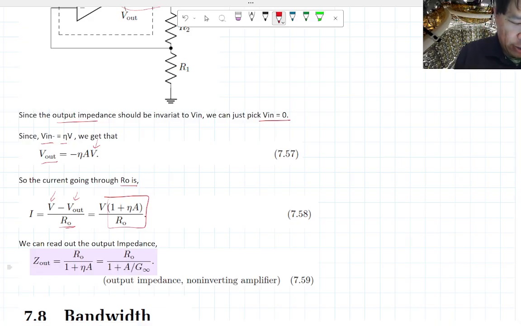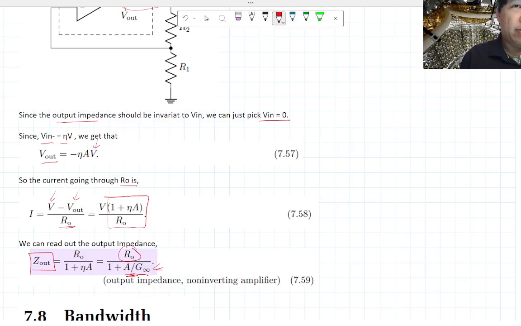Since eta is once again 1 over G ideal, maybe we could just call it G ideal. Whatever this RO is, the output impedance will get reduced. Once again, A over G infinity is a large number, so RO is going to get reduced by a large factor.